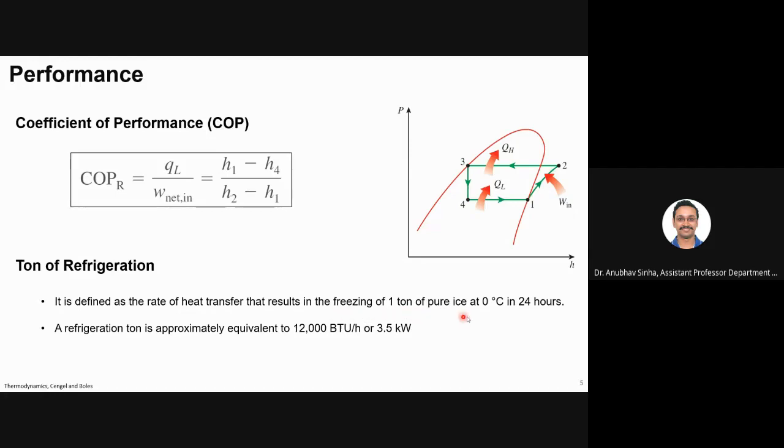You keep water at freezing temperature, so it is only about latent heat. So that much it can give. That is how it is measured. So this is a standard or commercial unit where we talk about the freezing capacity or cooling capacity of that particular AC.